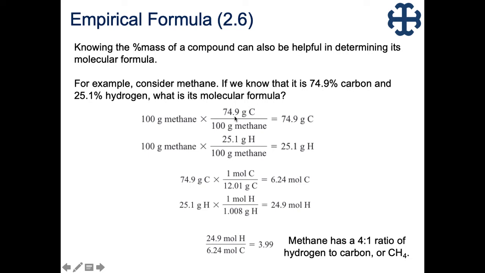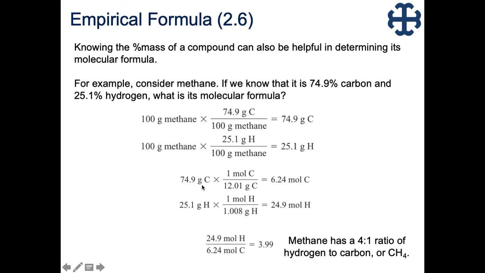So 74.9 grams of carbon for every 100 grams we have of methane. That means we have 74.9 grams of carbon. Do the same thing with hydrogen, 25.1 grams of hydrogen per 100 grams of methane. Okay? With that, we can use our molecular weight that we get from the periodic table for each element.